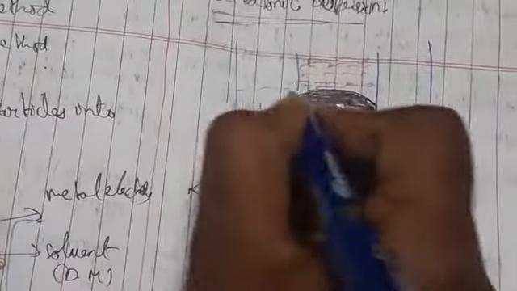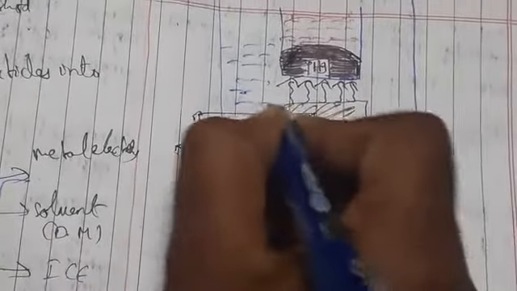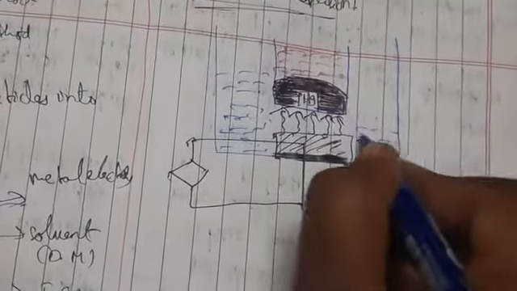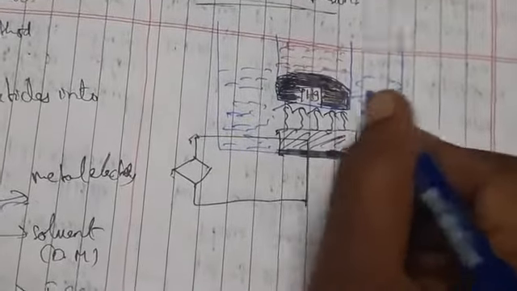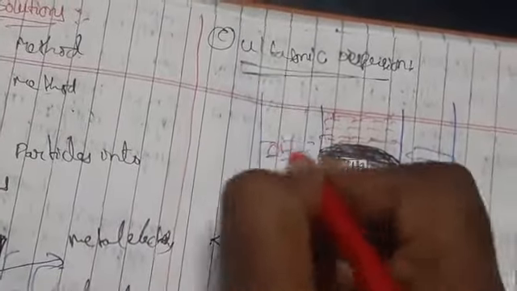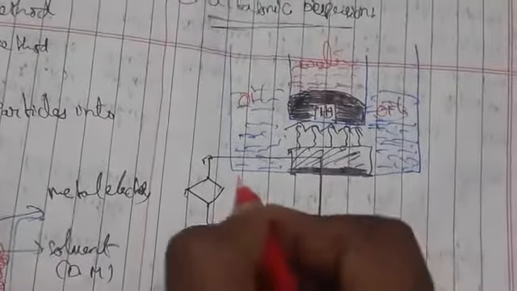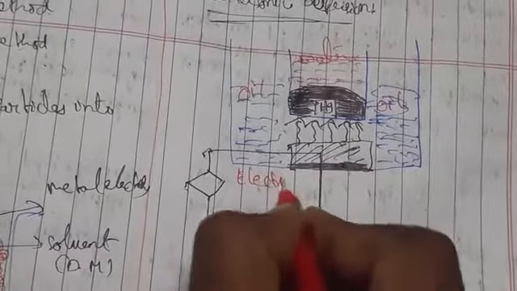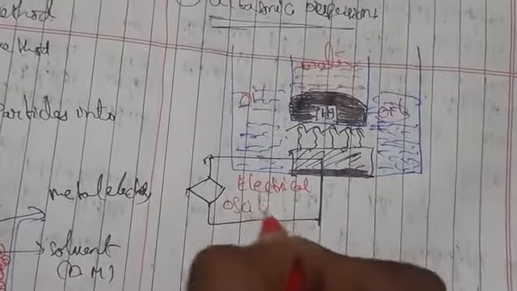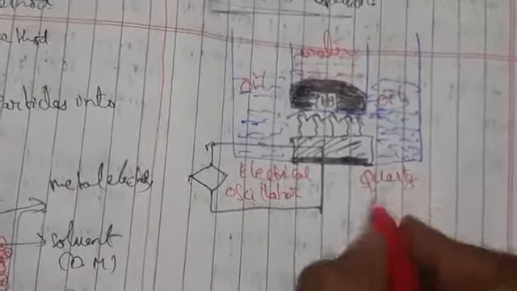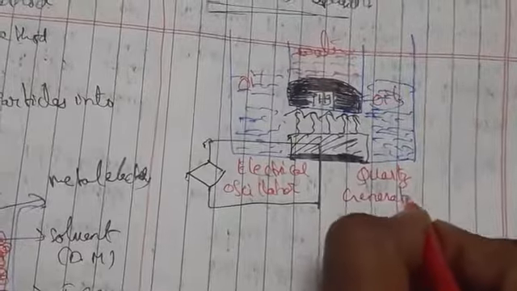Here we are placing oil. This is an oil, this is an oil. So this is water we are taking. This is an electrical oscillator. This is a quartz generator. So let us see ultrasonic dispersion.